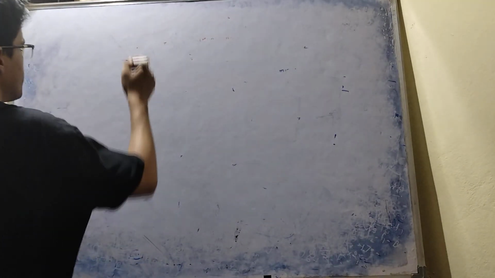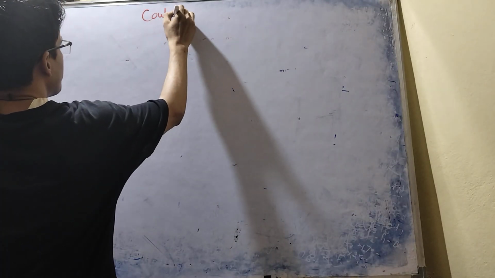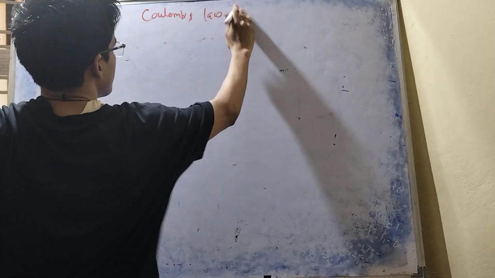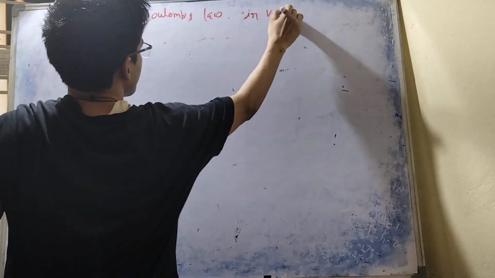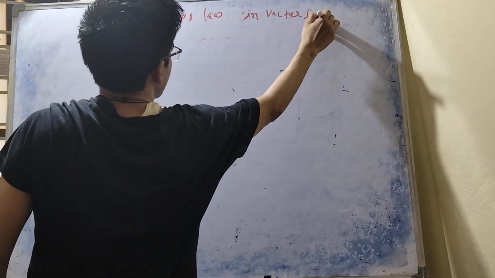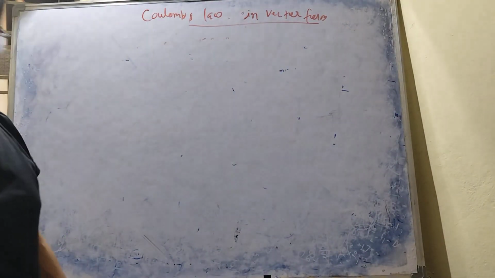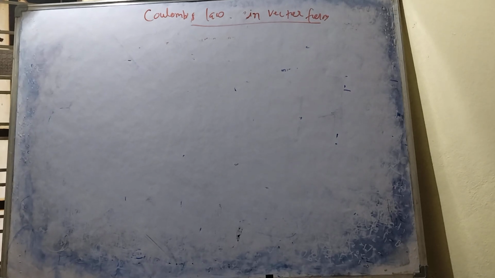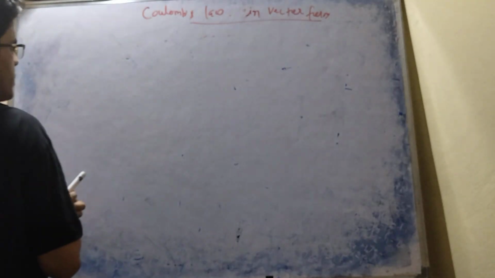Next, I want to write Coulomb's law in vector form. Coulomb's law in vector form. See, just I am asking one question.